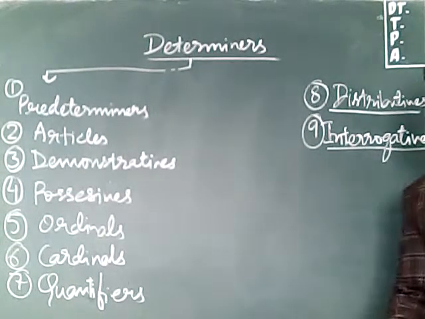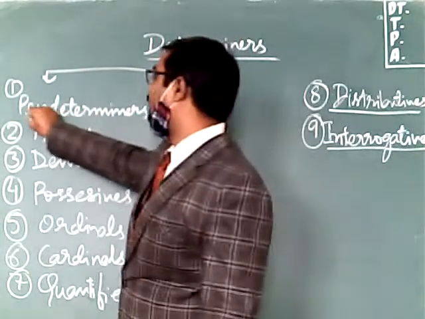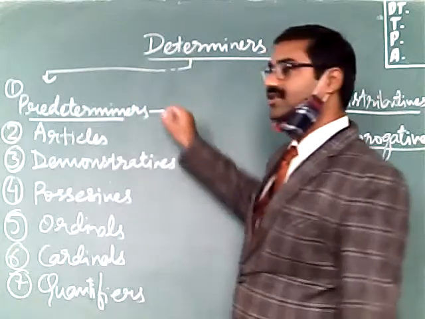Now let us discuss. Children, predeterminers are the determiners which come before the determiners.